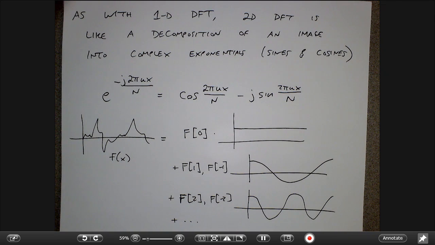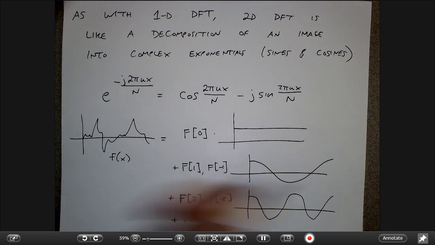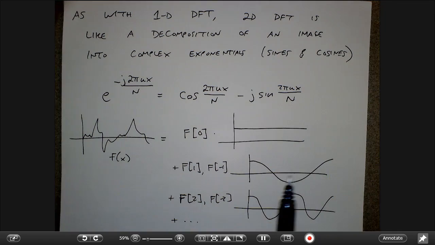Now, there are some symmetries to those numbers, and I'm going to talk about a lot of the various properties. It turns out that when the image is real, and our images are always real, there is a symmetry between certain coefficients in the Fourier transform, which means that you don't actually need all those complex numbers. You can just represent half of them, and you'll be okay.